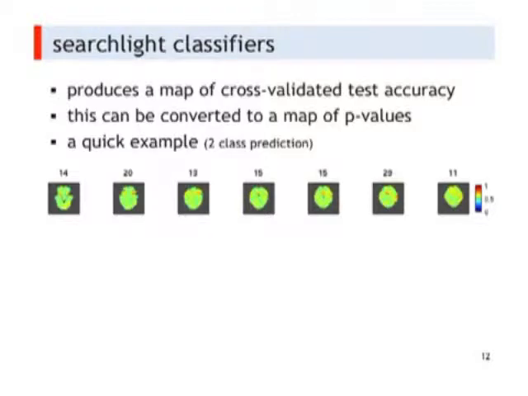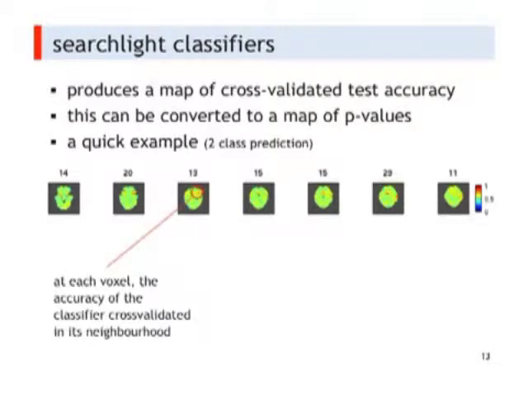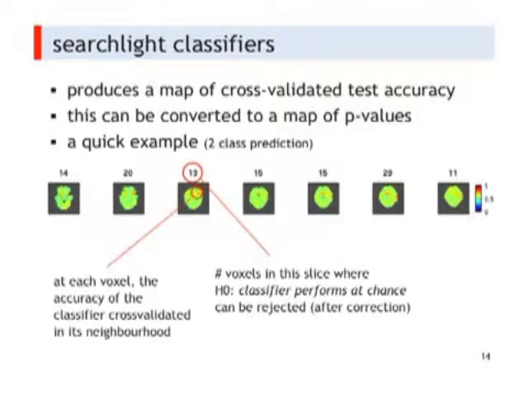In this case, it's a map with a binary classification task, so you'll have the accuracy in each voxel of the classifier in that neighborhood. Also, in the plots that I'll show you, I also have the number of voxels in this slice that actually passed a statistical test and are deemed significant, in terms of the classifier finding some information in that location. So whenever I talk about accuracy maps in this talk, keep this in mind, and later we'll see a lot of them.